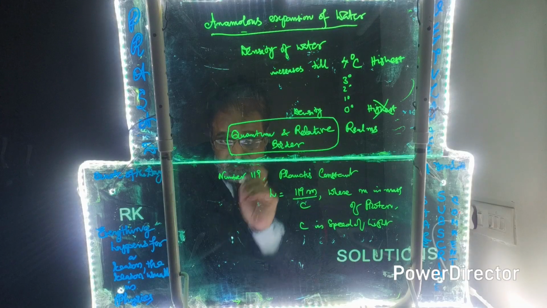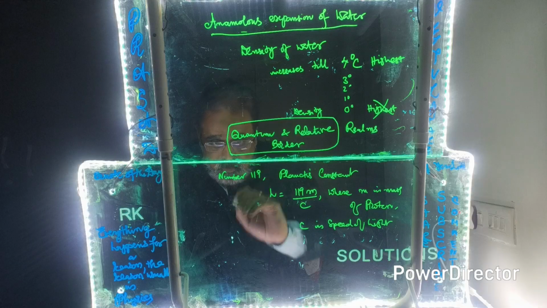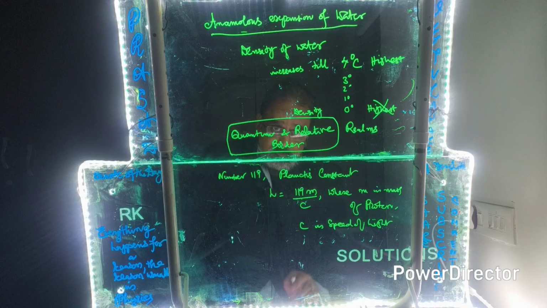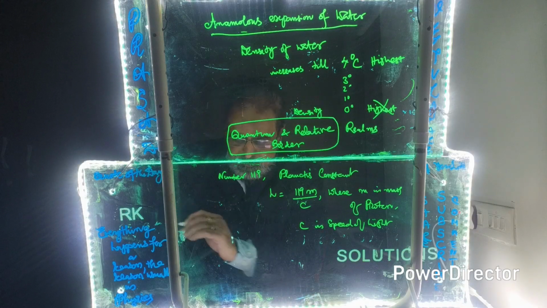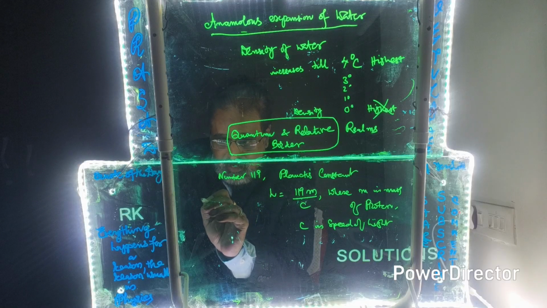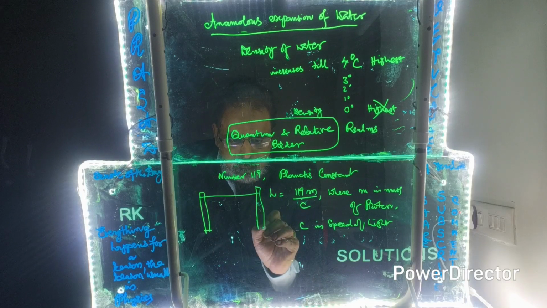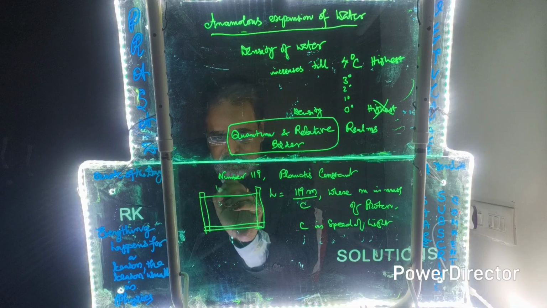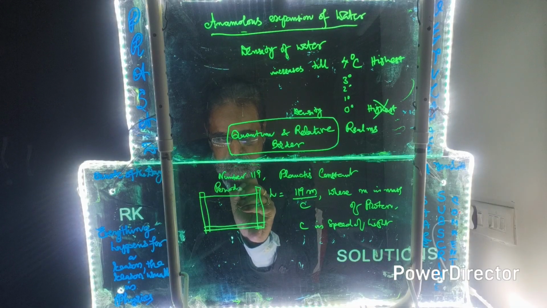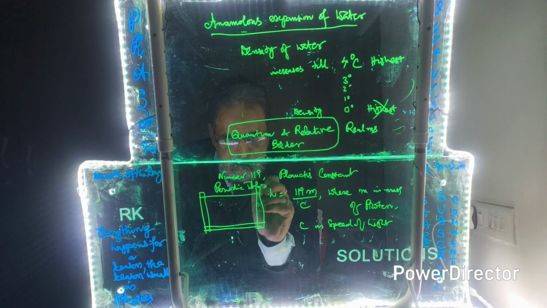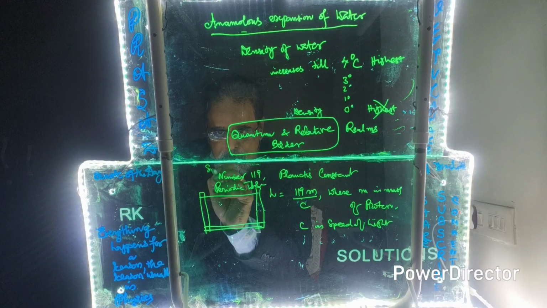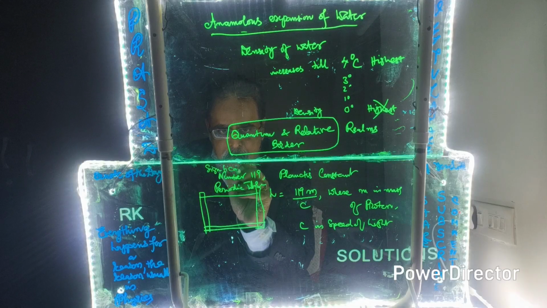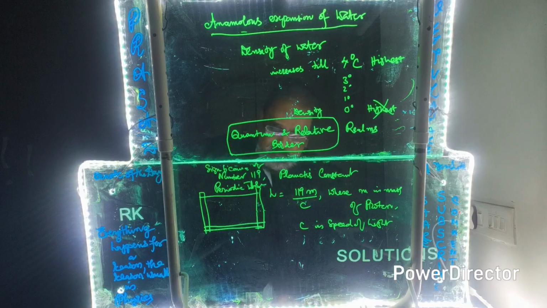So this number 119, in the last video, watch my previous video. In that, I explained the periodic table, the significance of number 119.